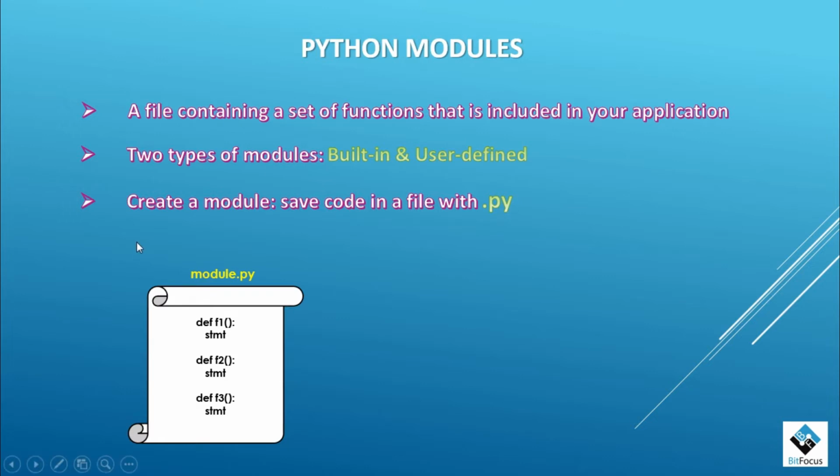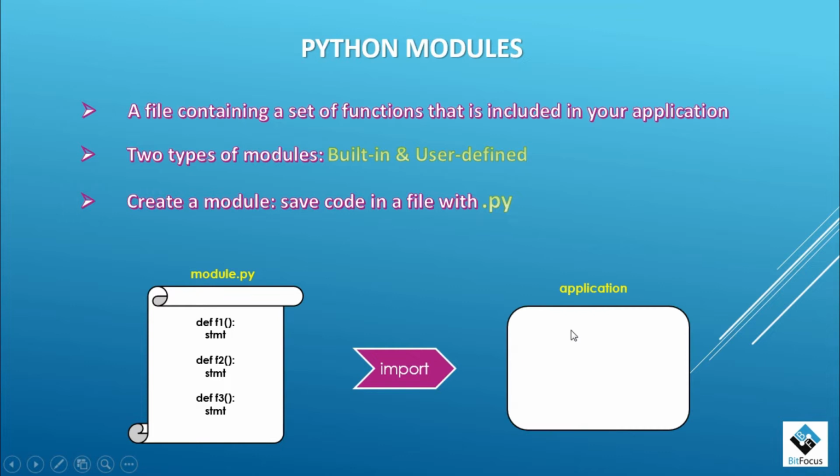For example, this is a .py file, or this is a module, and we create many functions, variables, anything we need, and then we can import these functions or variables in our application. For example, we import function 1, and also we can import the second function, as well as the third function. So a module is like this.